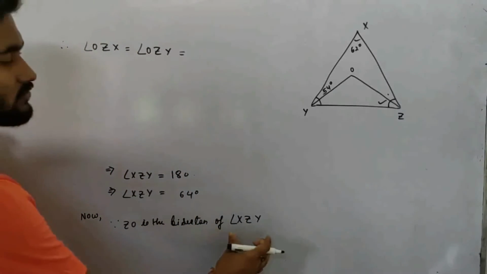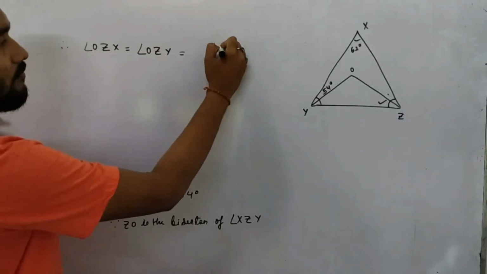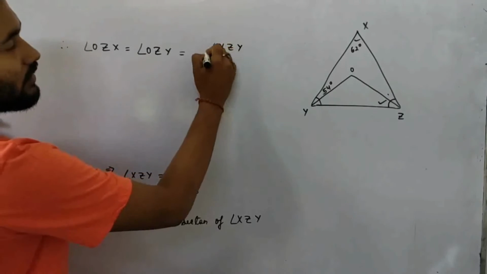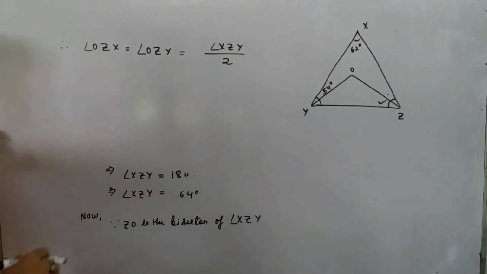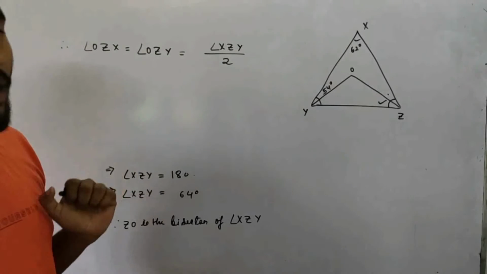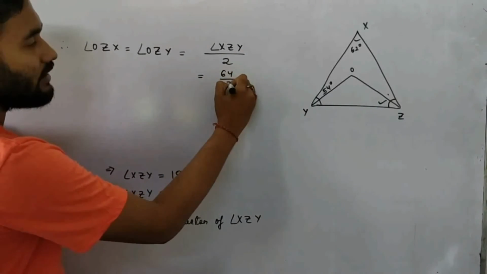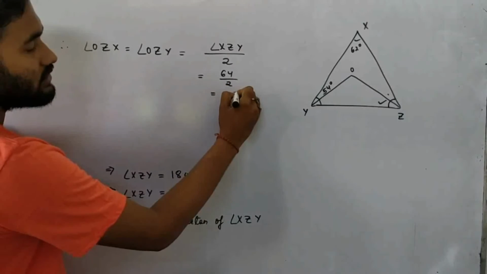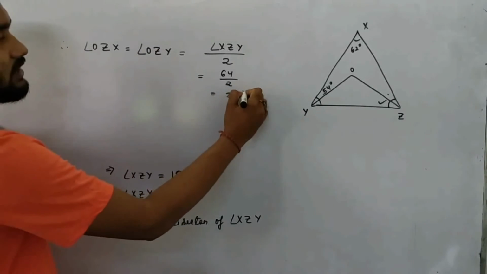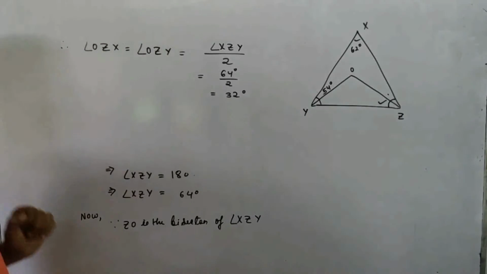Means this complete angle, if we divide by 2, then only we will get half. So which is equal to 64 divided by 2, which is 32 degree, 32 degree.